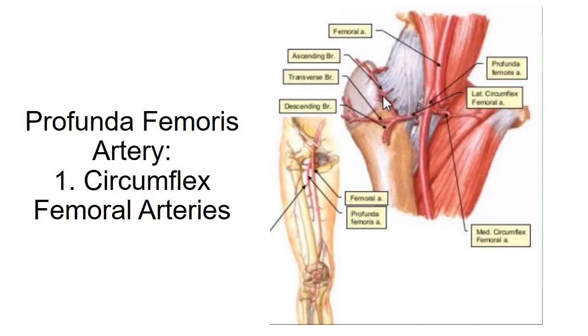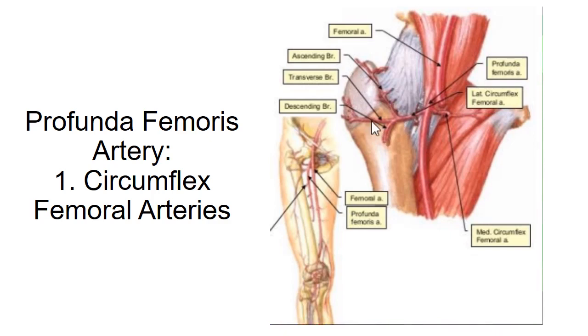Ascending branch of lateral circumflex femoral artery runs deep to tensor fascia lata. It gives branches to hip joint, greater trochanter and anastomoses with the superior gluteal artery, which is again artery of the gluteal region.